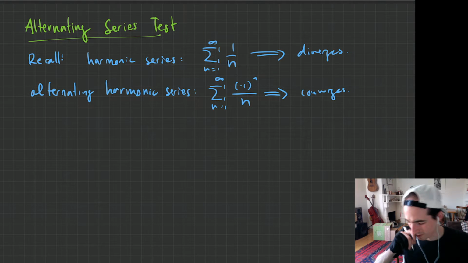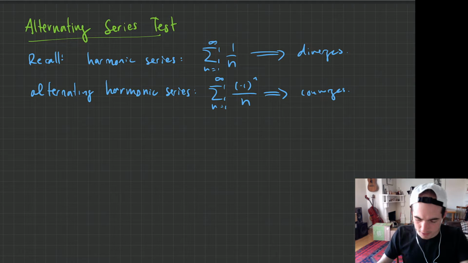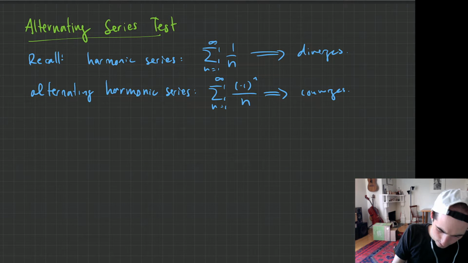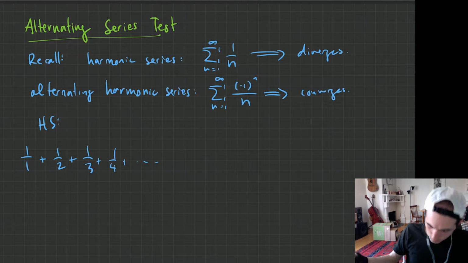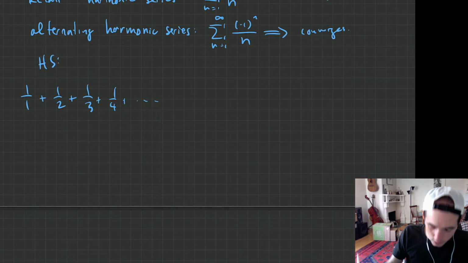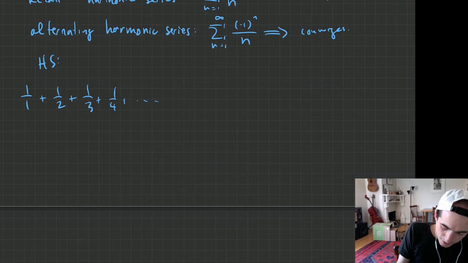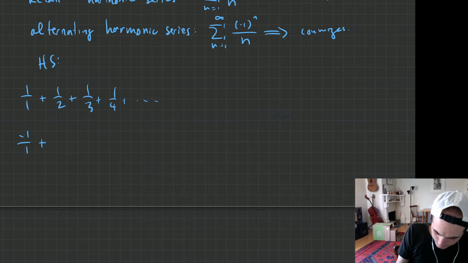The harmonic series is 1 over 1 plus 1 over 2 plus 1 over 3 plus 1 over 4 plus, and so on, and this one diverges. The other one would be negative 1 over 1 plus 1 over 2 minus 1 over 3 plus 1 over 4 minus 1 over 5.